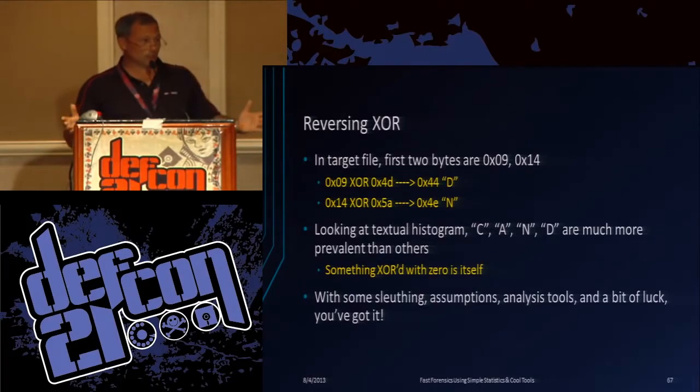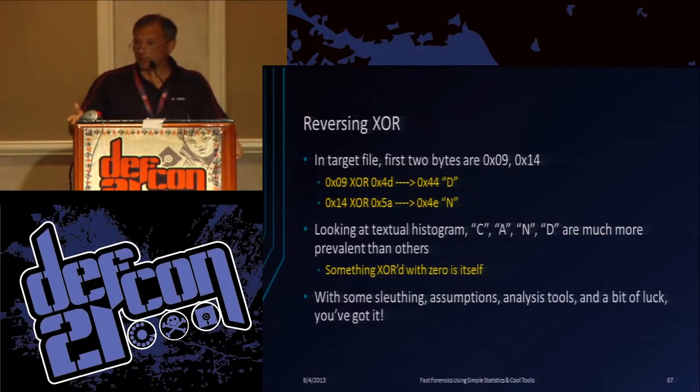There's a little bit more to it than that, but the point is that you can use the entropy, the histograms and the visual tool to help reverse XOR encryption.